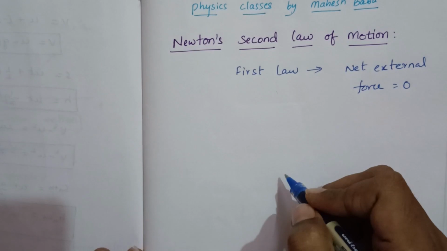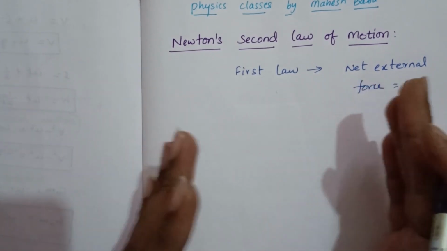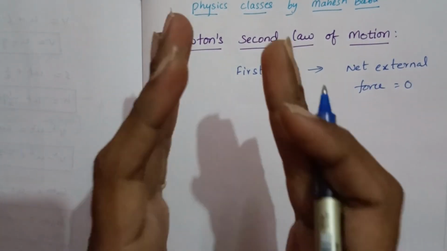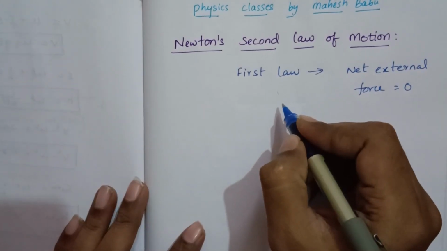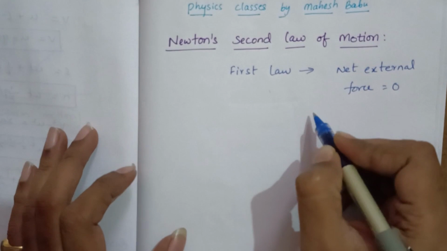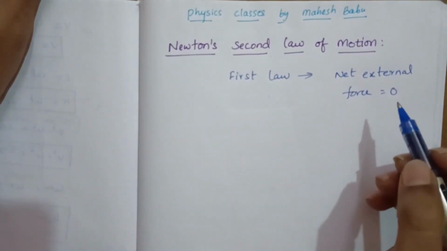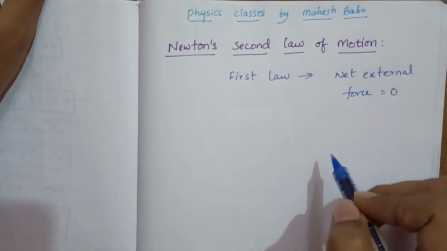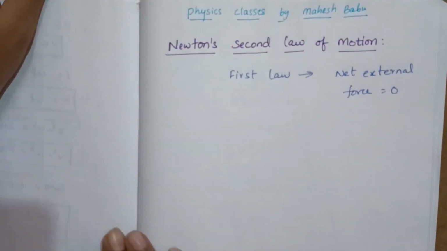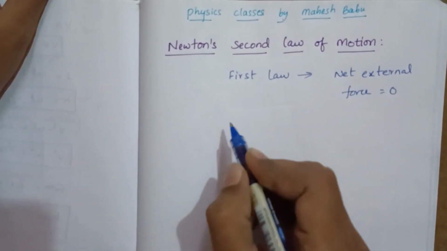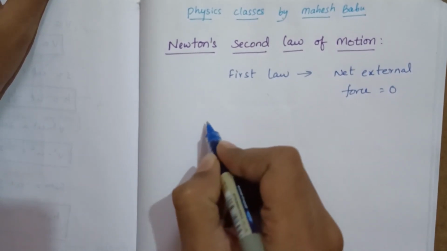What he explained is that if there is no external force, either the body will be at rest or it moves with uniform motion in a straight line. Now in the second law we will discuss what happens when there is a net external force.